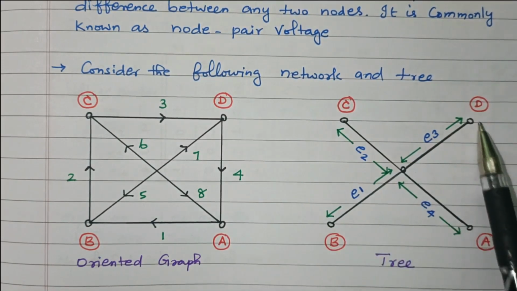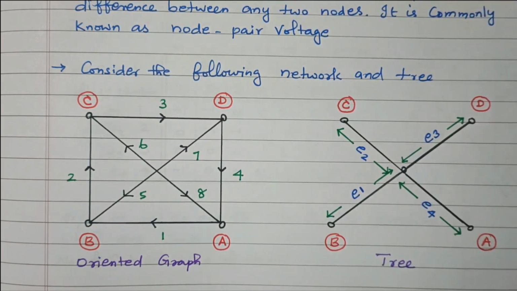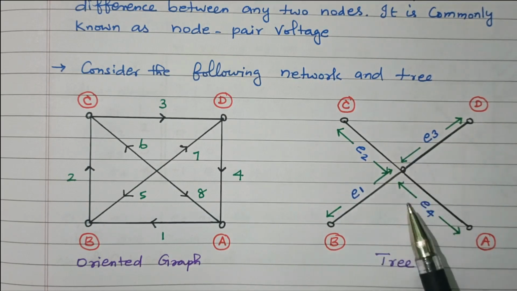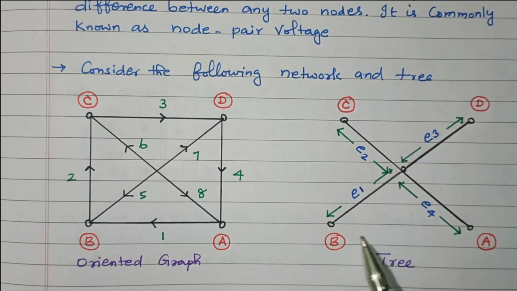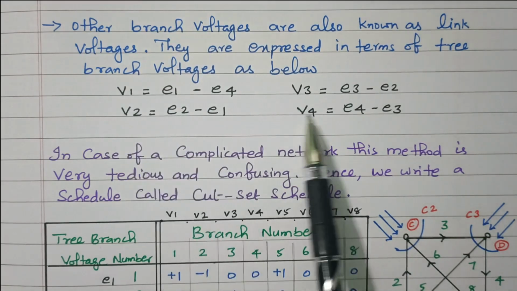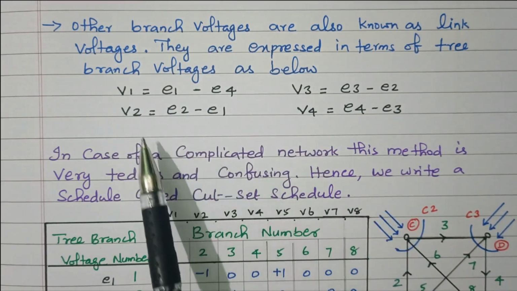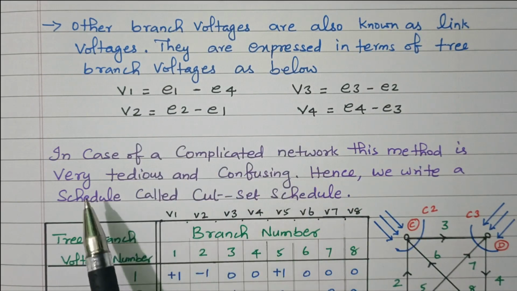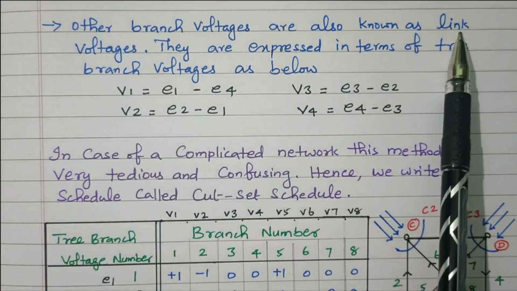V4 is connected between D and A, E3 minus E4. So the link voltage is nothing but the difference between these two tree voltages. Based on that, these 4 voltages V1, V2, V3 and V4 are written, and they act as link voltages.